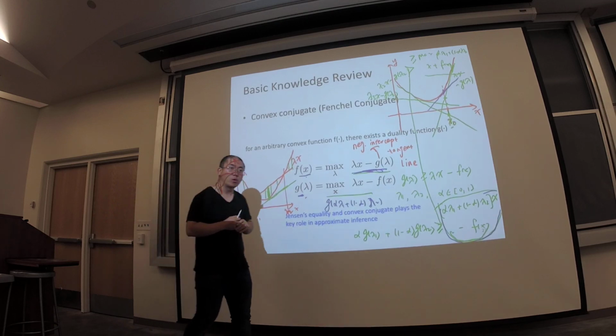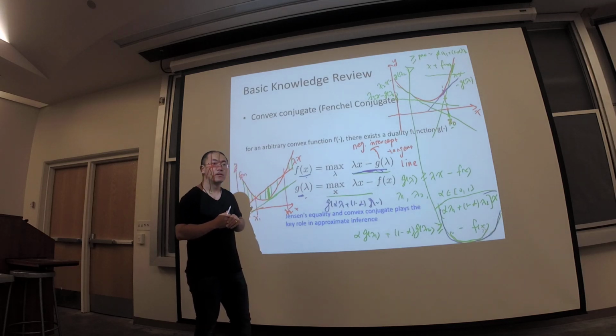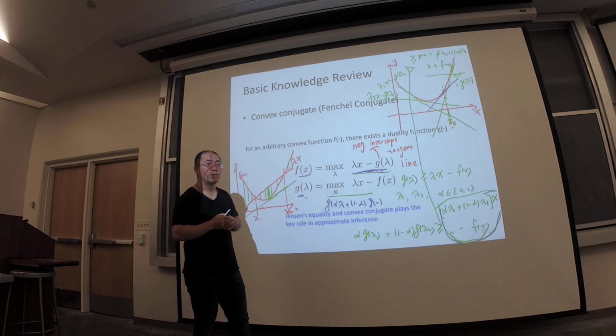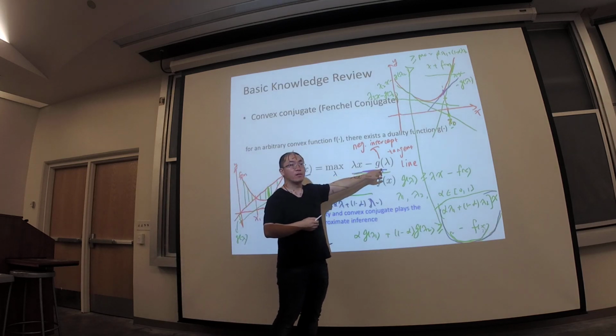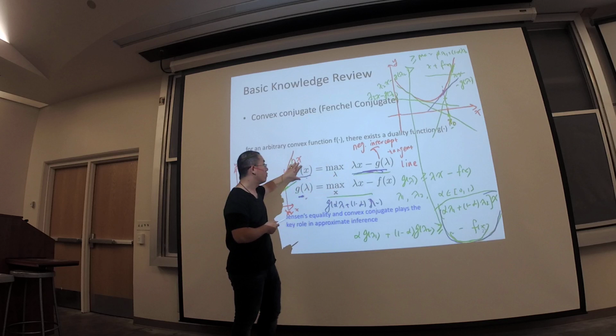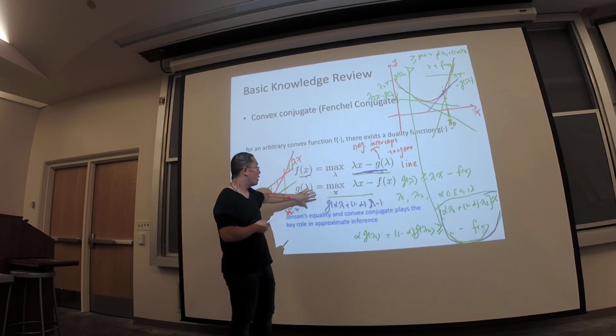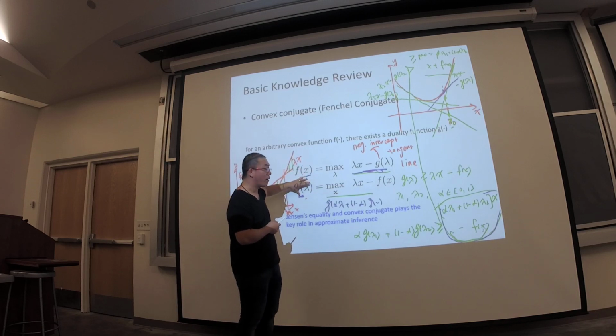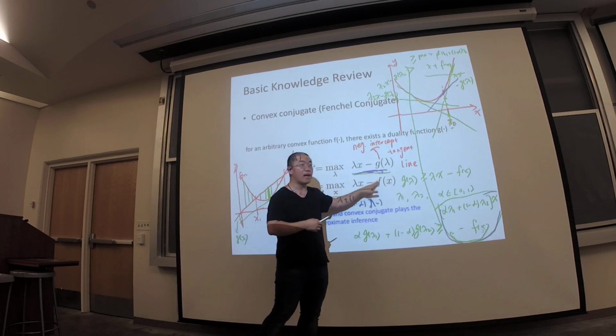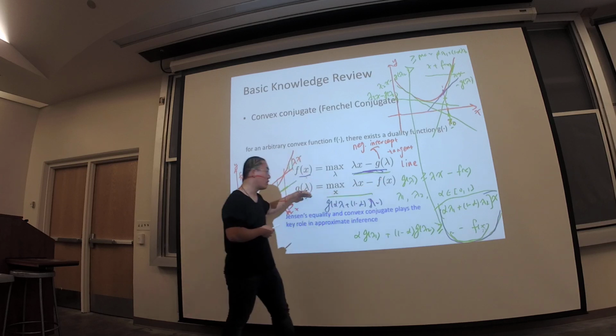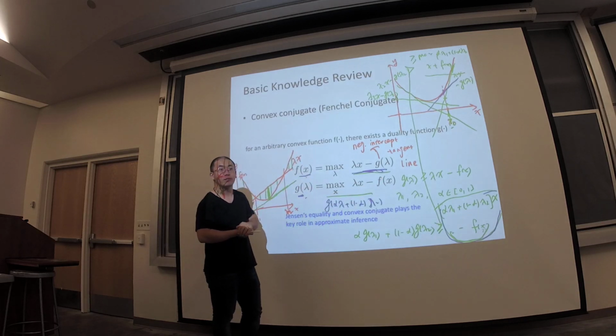If f x is of this form, max over lambda of lambda x minus g lambda, then f x is convex if g lambda is convex. Okay, yeah. But if you define g lambda in this way, no matter whether f x is convex or not, g lambda is always convex with respect to lambda.